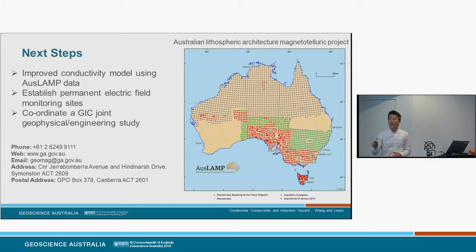So any infrastructure in Western Australia will be subject to more intense induced electrical fields during the magnetic storm. So this is an indication.